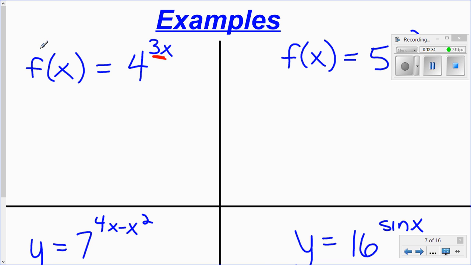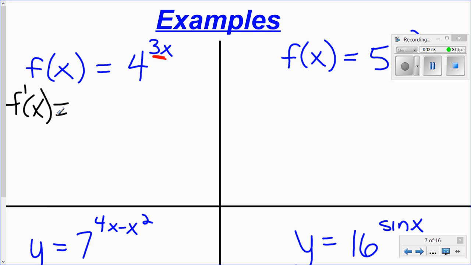All right, so our first example is f of x equals 4 to the 3x power. So to find the derivative, you always start by repeating the same function, okay? Because with the exponential functions, the derivative is, like I always say, itself, but then times the derivative of the exponent.